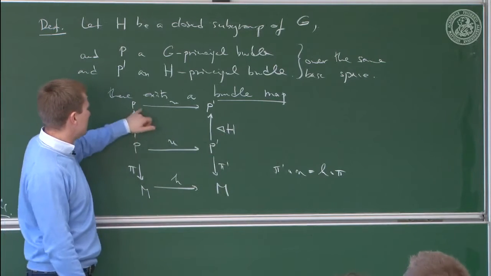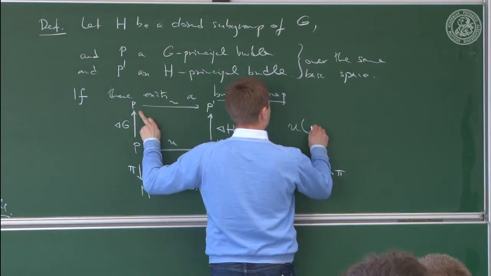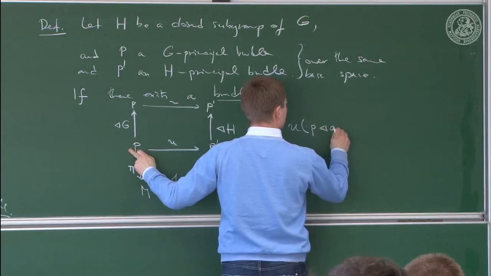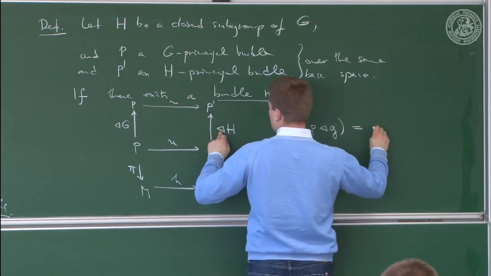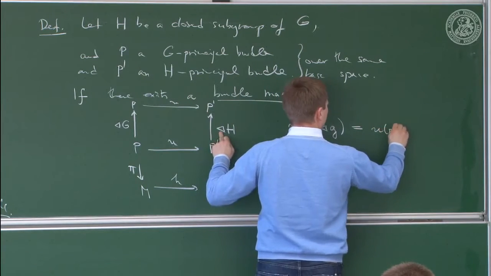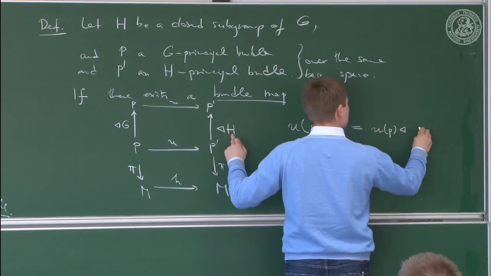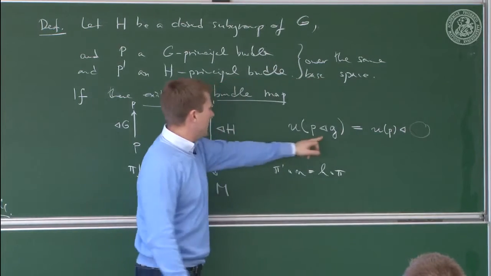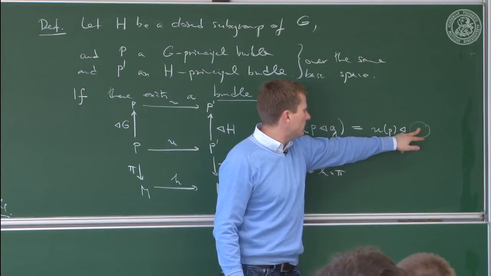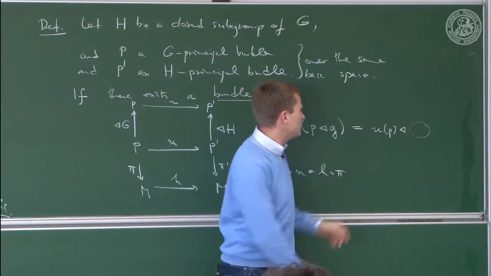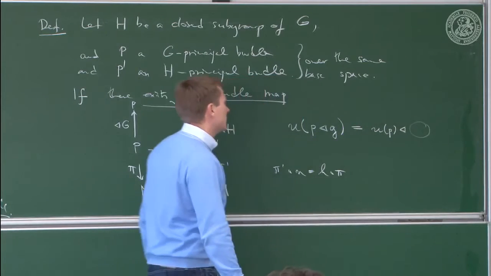If I wrote principal bundle map, I should have written U for any P on which a G acted should be U of P upon which from the right, or now I need an element in H, but all I have is an element in G. If I had a bundle group homomorphism from G to H, I would use rho of G, if rho takes me from G to H or something like this. But I don't have that.